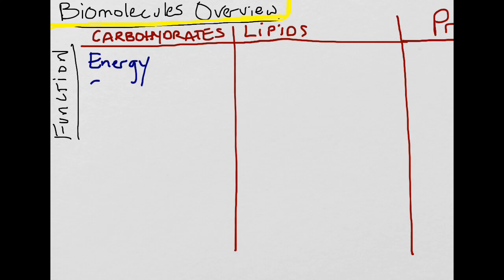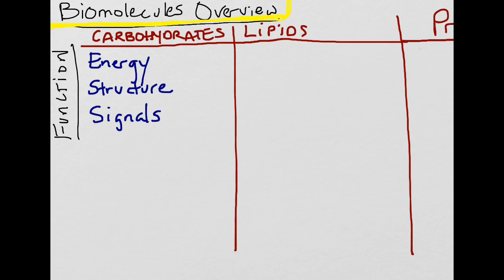We use carbohydrates structurally in the body, for building things. And then we also use them as cell-to-cell signals, little messengers that go between cells, and we also use them as tags on cells so that they can identify the different types of cells and whether they belong to us or not.